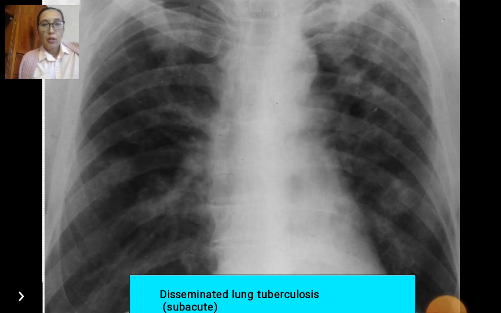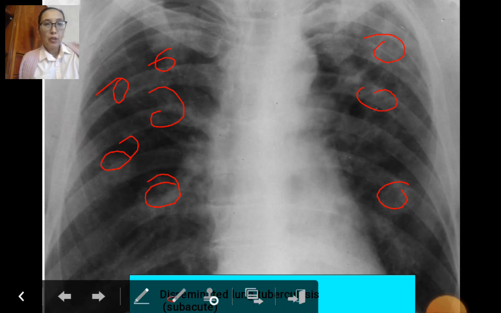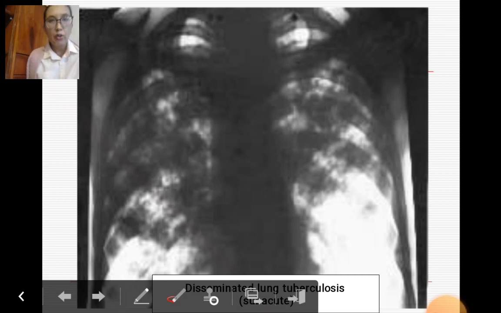You can see shadows more in the upper and middle parts of the lungs, with unclear contours. The symptom of dropping snow you can see in this slide.